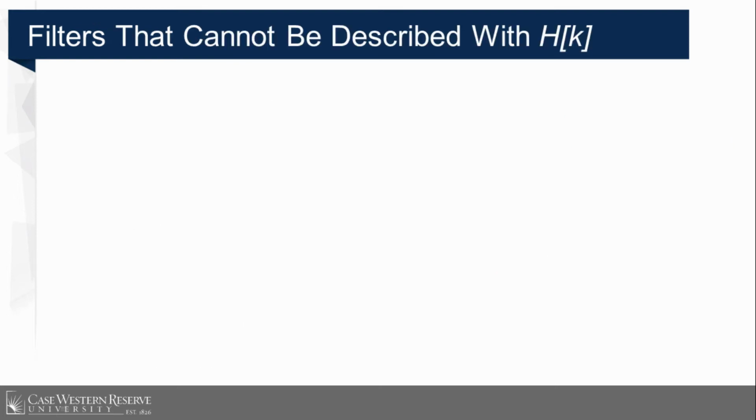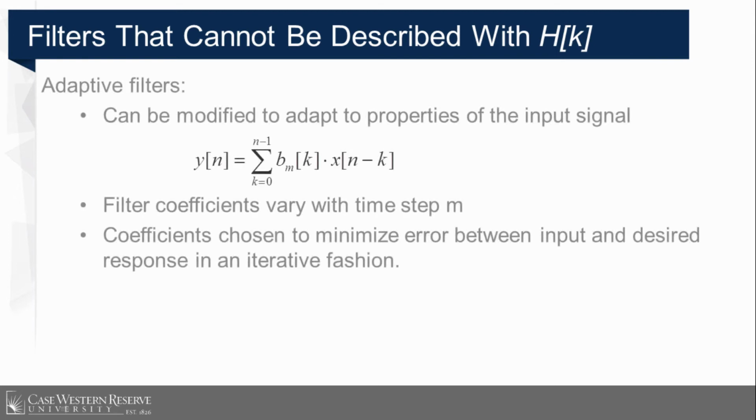We also have some filters that we can't describe using our normal frequency response notation. Here we can't really calculate the DFT of these filters. The first of this type of filter is known as an adaptive filter. An adaptive filter is modified to adapt to the properties of our input signal. So here, instead of having some set coefficients that are part of our filter, we can change these filter coefficients.